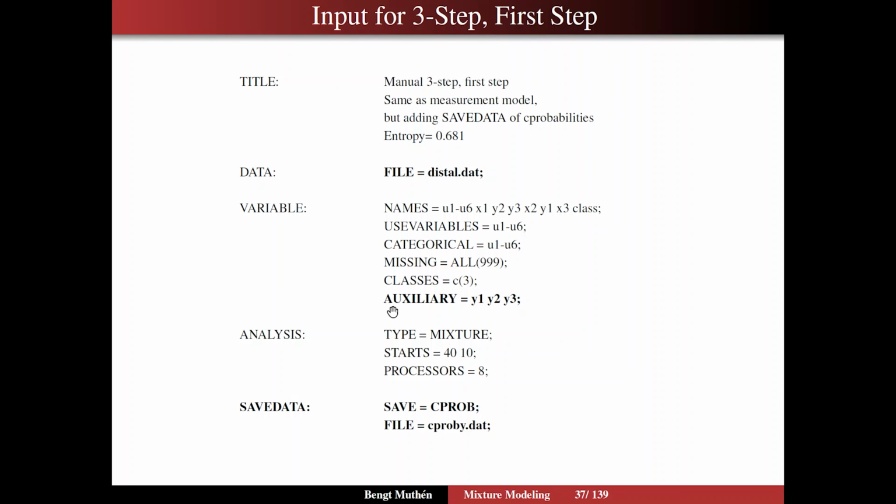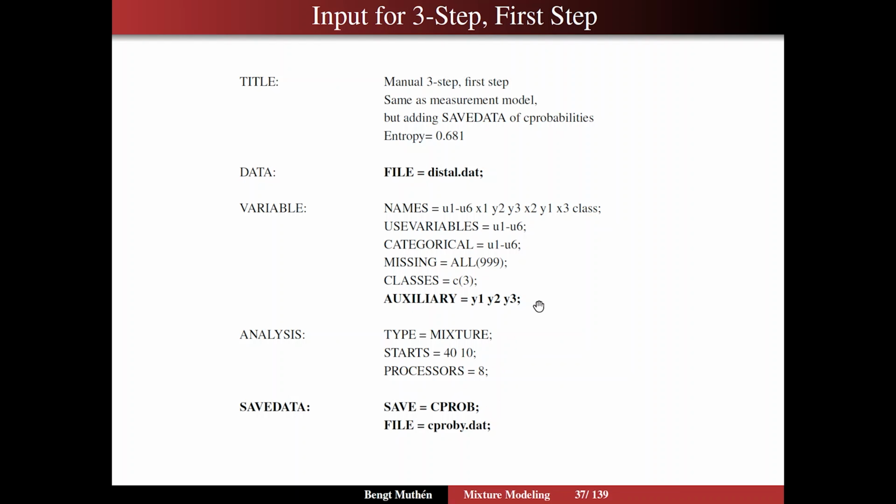And now we're going to use the auxiliary option once again. An auxiliary option refers to variables beyond those of the use variable option. In this case, we're only using the auxiliary option to save variables together with the C probabilities that we save at the end here.